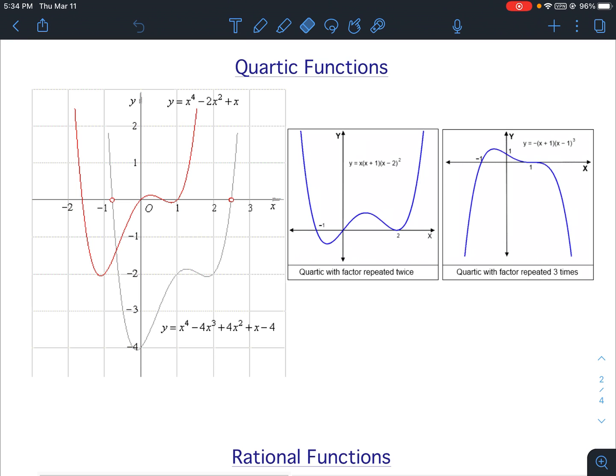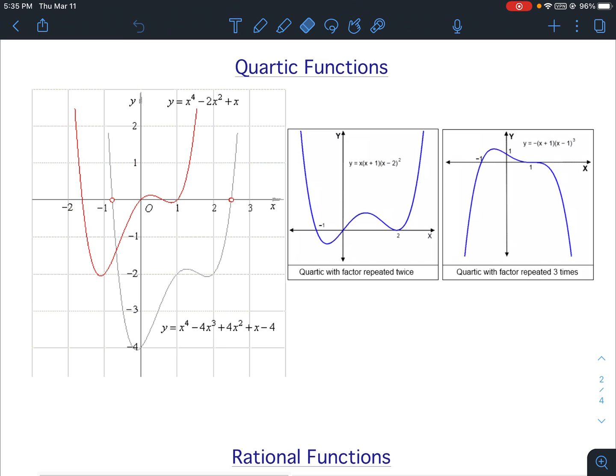If you haven't figured it out, a linear equation has x to the first power. So when it's x to the first power, the tails will be going in opposite directions. But when we had the quadratic, the highest exponent was a 2, an even number. The tails were going the same direction. Then we had the cubic functions. The highest exponent was a 3. The tails were going in opposite directions.